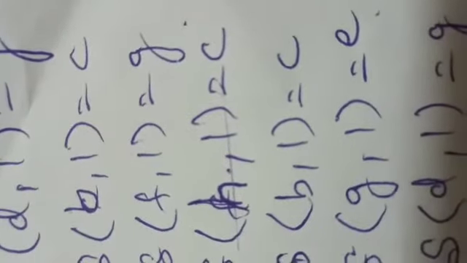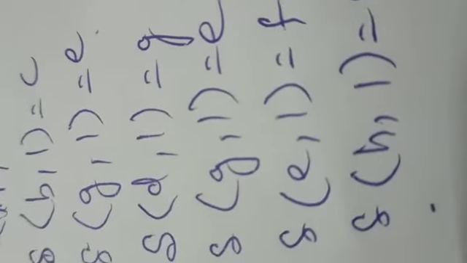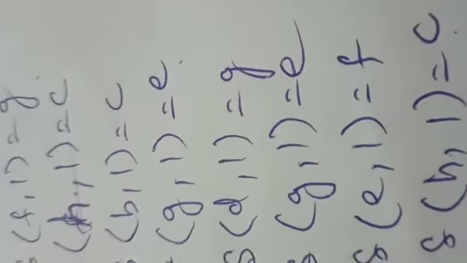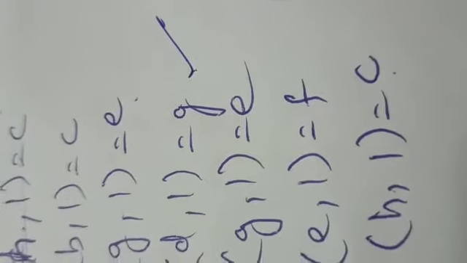Next we see that del of D comma 1 equal to G and del of H comma 1 equal to C. That means G and C already have an entry. This G and this C, the last one, C already have an entry.